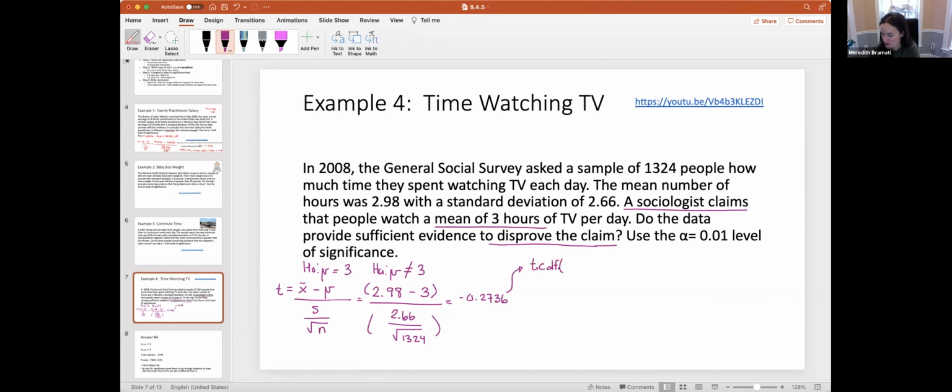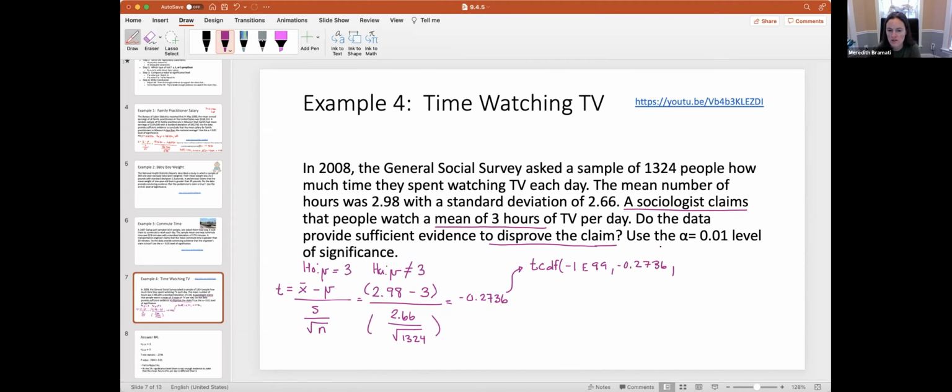If you remember, look back at our notes, this is negative, so it goes into the second spot. Negative 1e99 is our lower, negative 0.2736 is our upper.